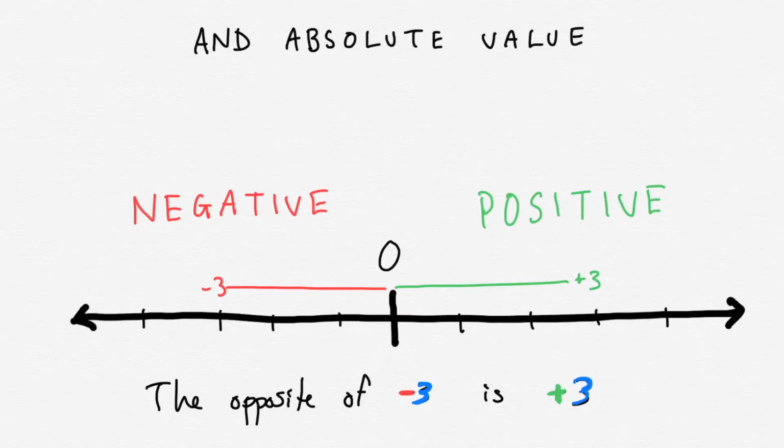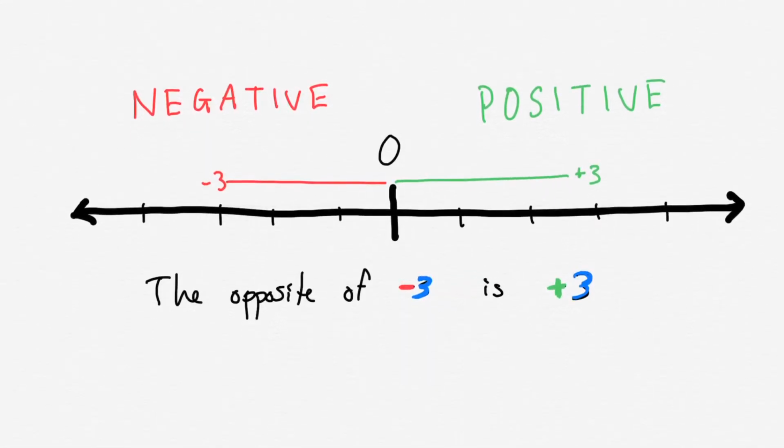The only thing that changes is the sign. We went from -3 to +3. That's all that changes, is something that we mathematicians like to call the sign of the number. So the opposite of an integer is the same number, just the only thing that changes is the sign.